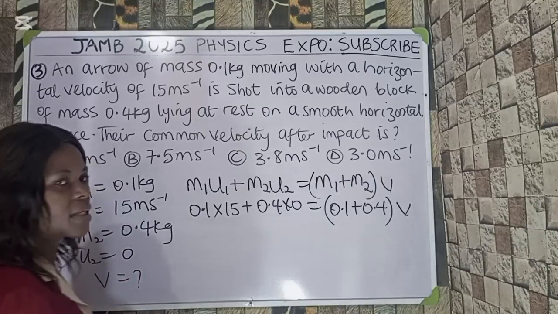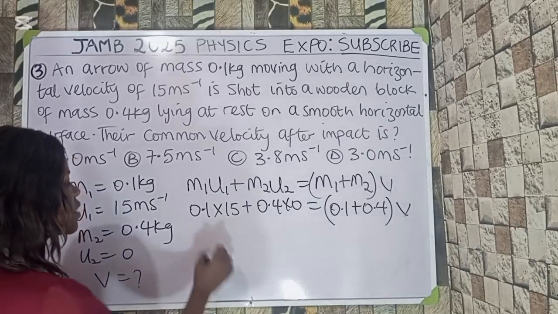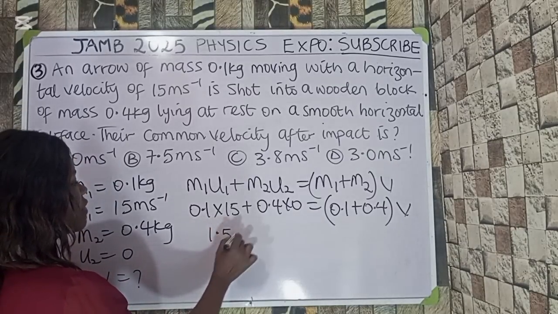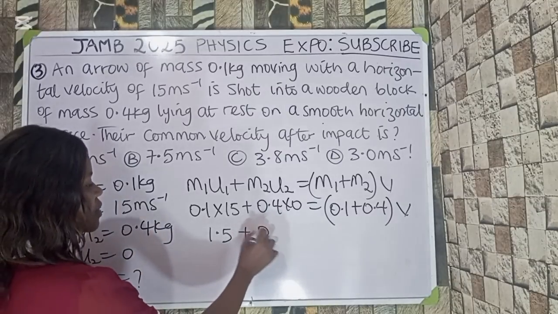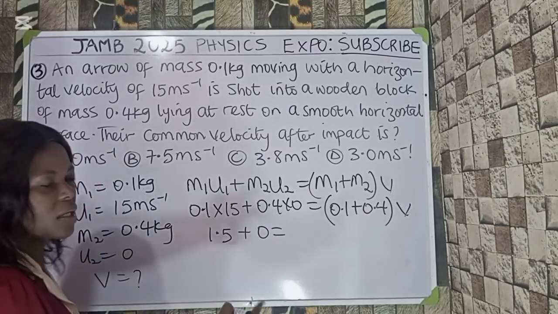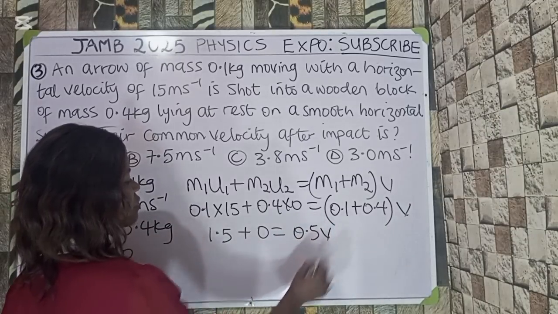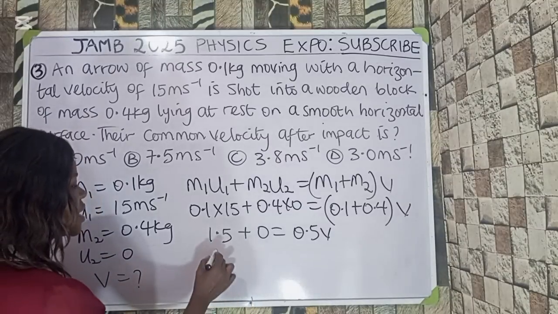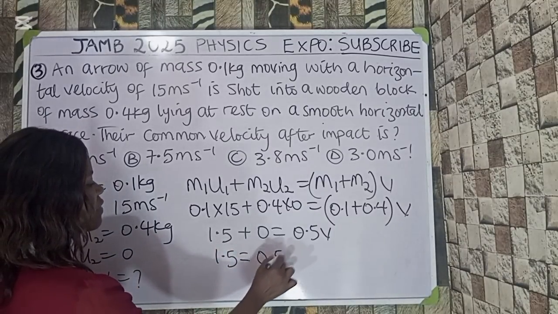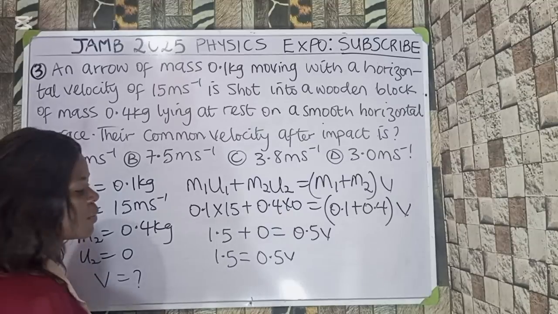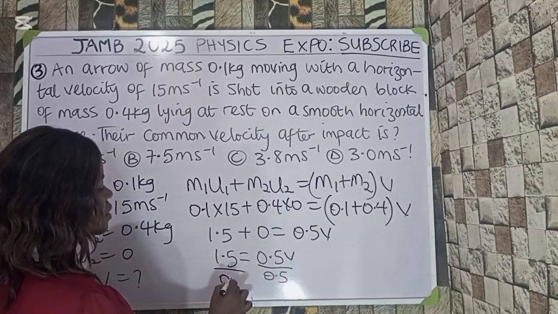Let me multiply out and see what I have. 0.1 multiplied by 15 is going to give me 1.5, plus 0, is equal to 0.5 V. So simply I have 1.5 is equal to 0.5 V. I divide both sides by 0.5.